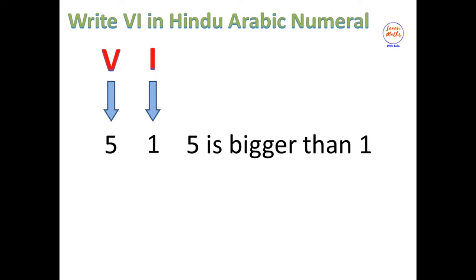So 5 is bigger than 1, and you can see that the smaller one, which is 1, is coming after the bigger one. Don't forget that in IV the smaller one was before, but in VI the smaller one is after. So VI will be equal to 5 plus 1, which is 6. Can you see? Very simple.